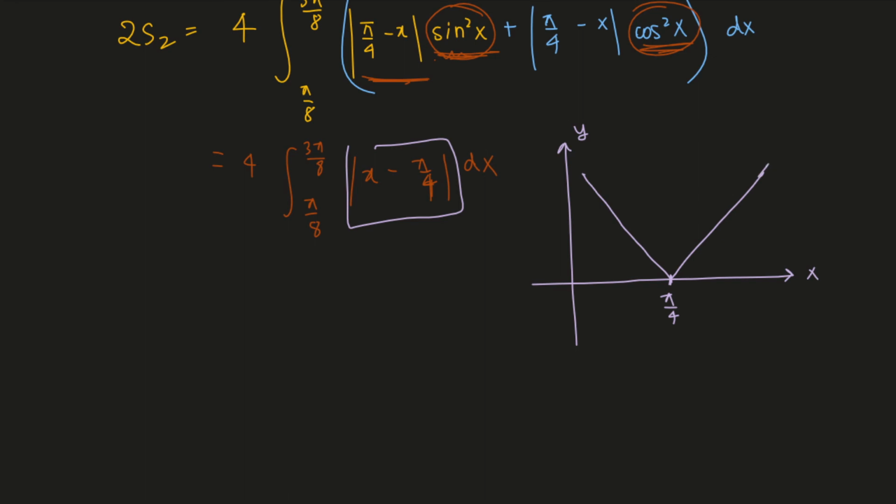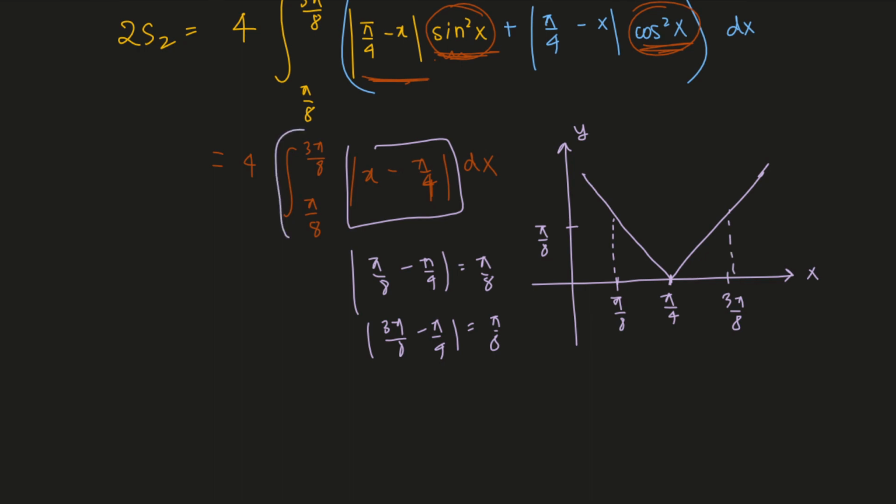And the limits are pi over 8 and 3 pi over 8. And when you put in 3 pi over 8, the value of this function comes out to be the mod of pi over 8 minus pi over 4, that is just equal to pi over 8. And if you do the same thing with pi over 8, you also get the same thing. That's just a quick substitution. So there is pi over 8, and the area that this integral signifies is actually just equal to this.